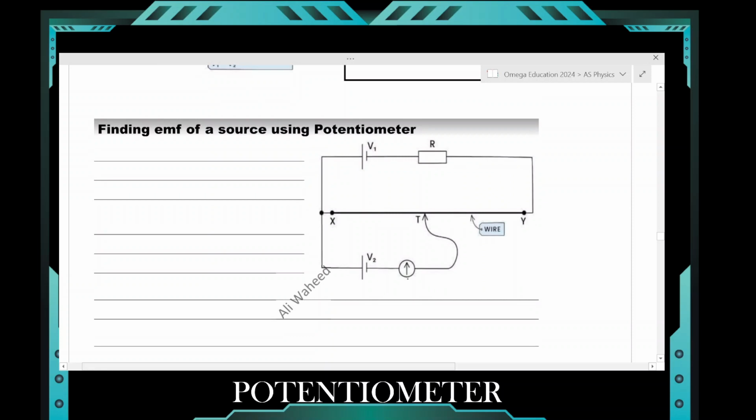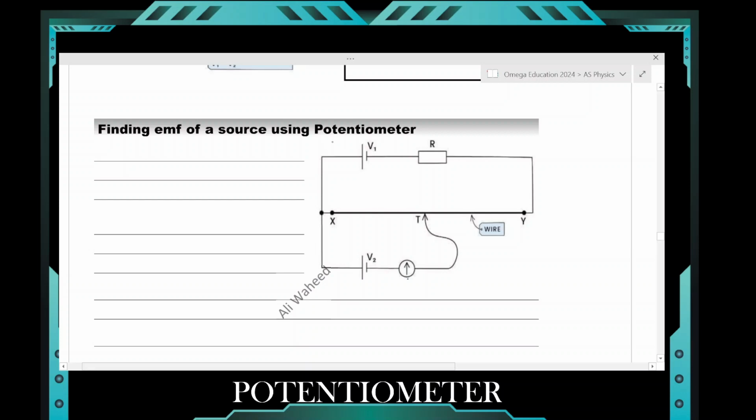Now let us take a look at the most important thing. As a matter of fact, this is why we study the potentiometer in A levels, which is to find the EMF of a source using the potentiometer. Now, in order to use this method, you have to have a battery for which the EMF is given.